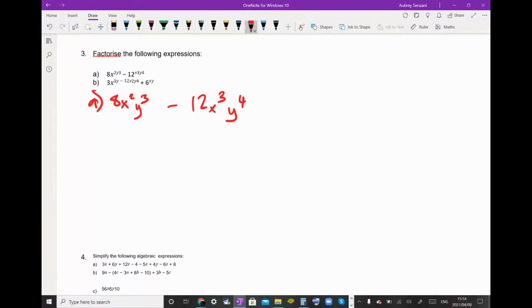I think the first point of departure should be what number goes into 8 and what number goes into 12. Maybe we can start there. What's the biggest number that can go into both of those?